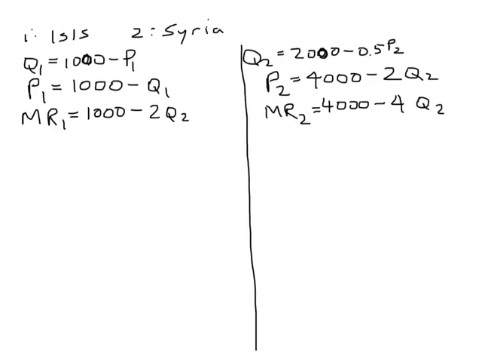The way to do this problem is to realize that both in market 1 and in market 2, the marginal cost is going to be equal to marginal revenue. But marginal revenue is equal to aggregate quantity. So it's Q1 plus Q2.